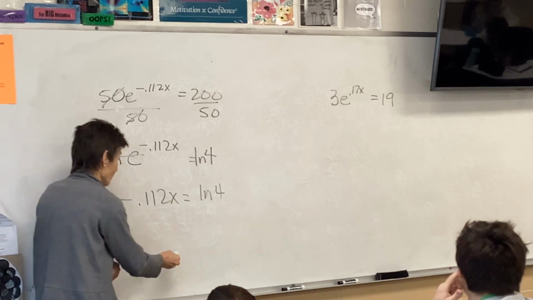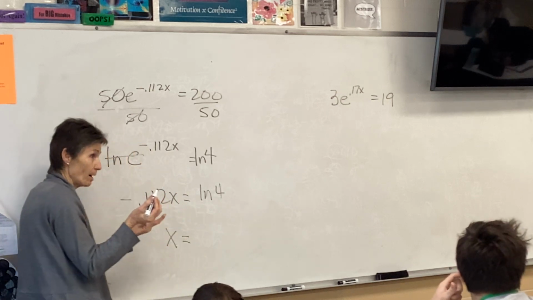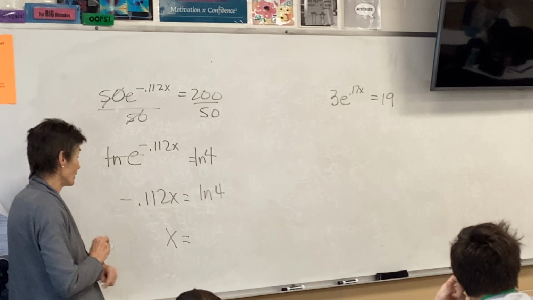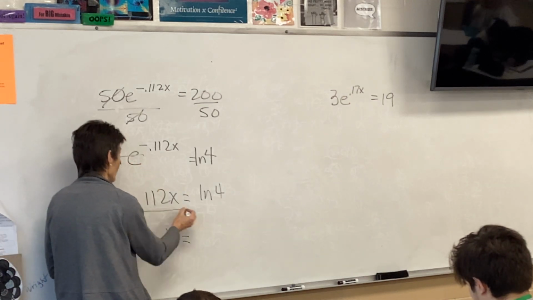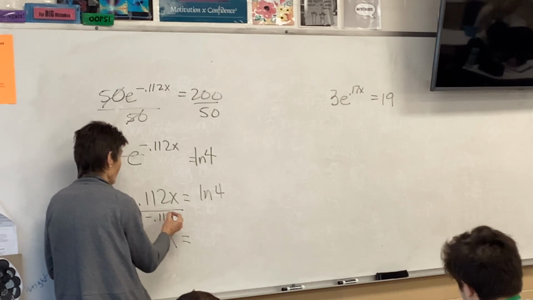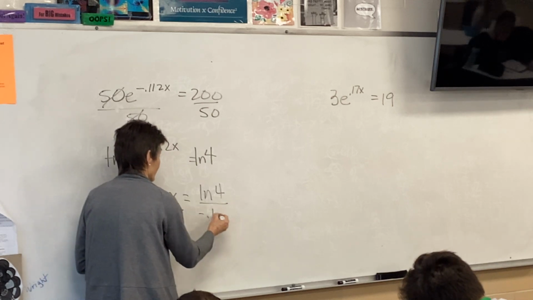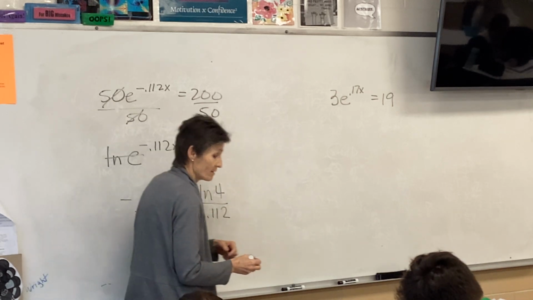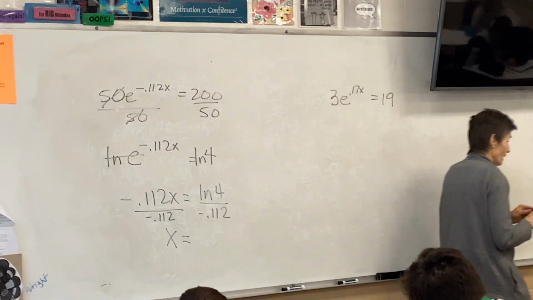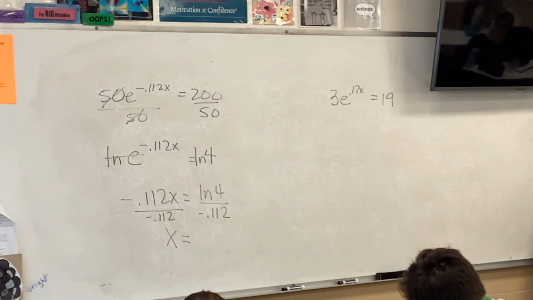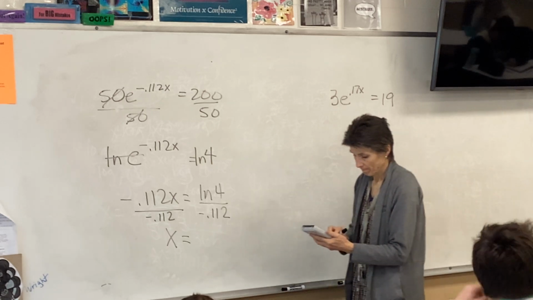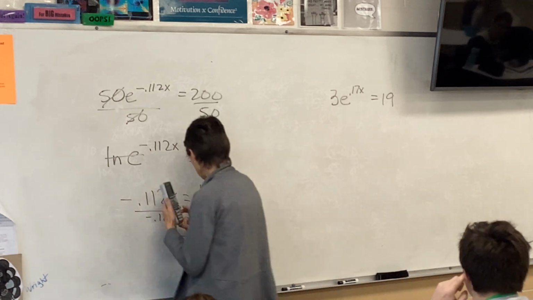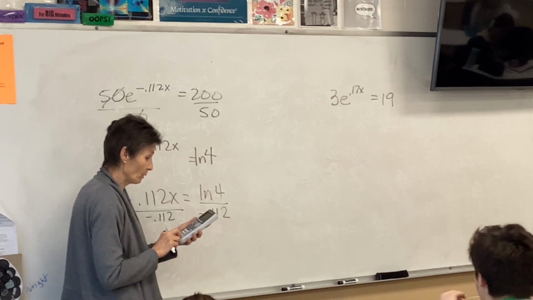Now we're solving for x. That's our job, figure out what x is. So what are we gonna do? Well, we're definitely gonna put it in the calculator, but we're gonna go ahead and divide by negative 0.112. So what am I putting into the calculator? ln 4, close parentheses, divided by negative 0.112.